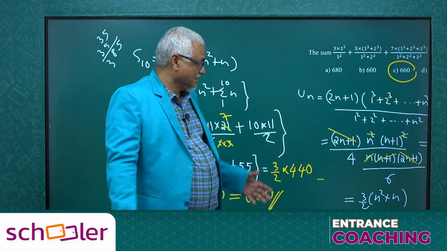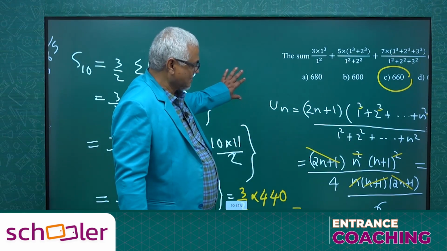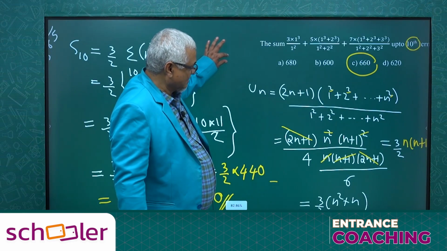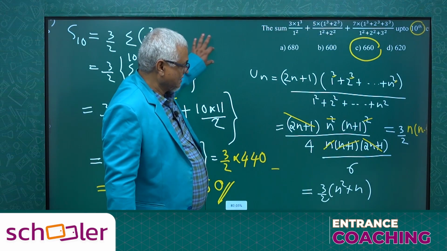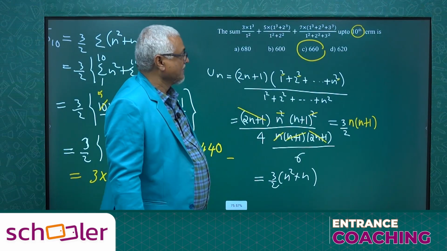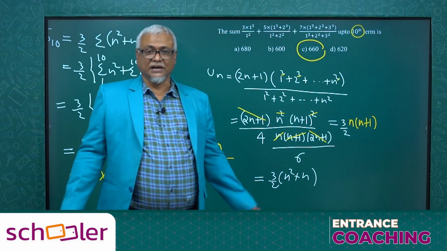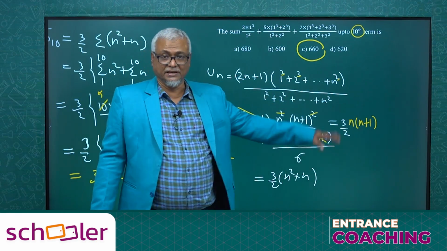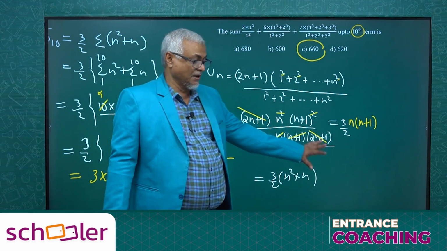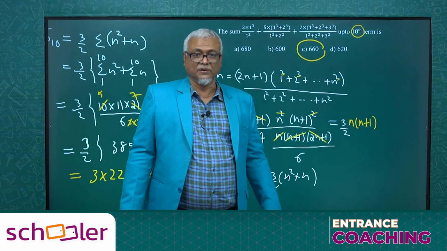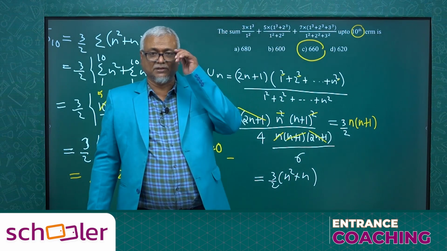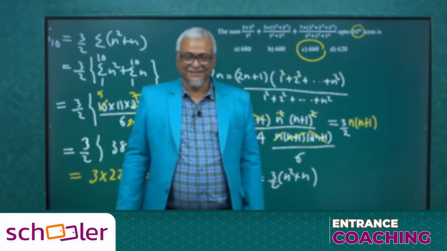Need to say again? It's not a tough question. Of course, I will say once more, a quick revision. From the given question, we can write the nth term very easily. We write the formulas for all the terms and simplify. We get 3 by 2 into n plus 1, that is 3 by 2 n square plus n.